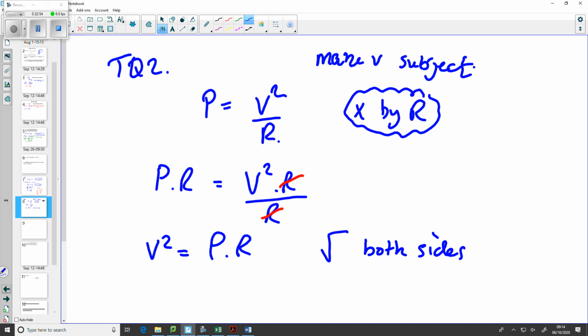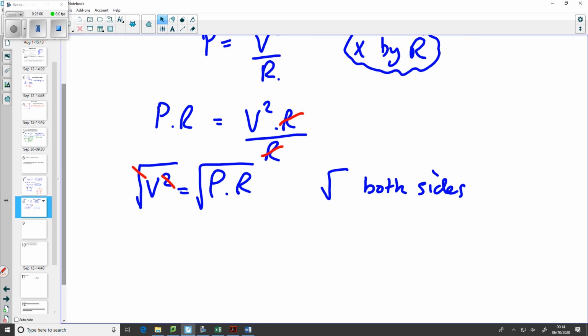So we go square root, that and that cancel to leave us with V is equal to the square root of P times R. Yep.